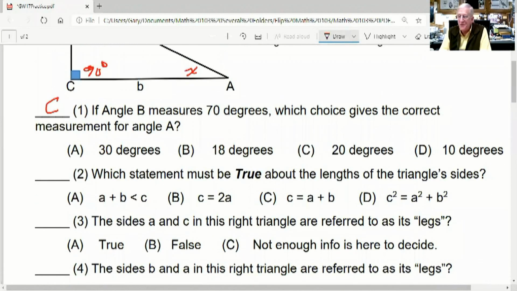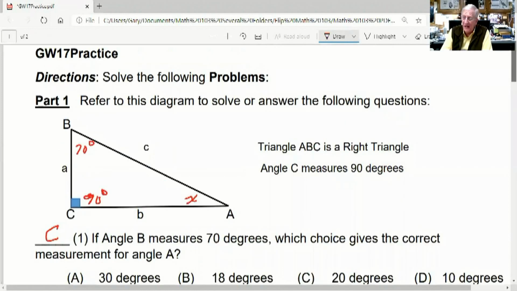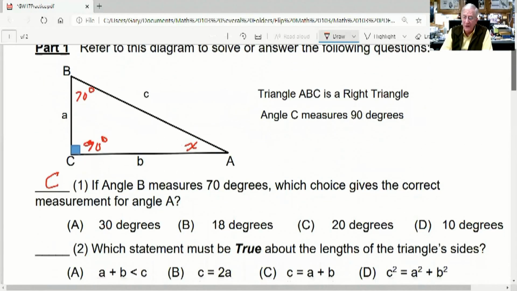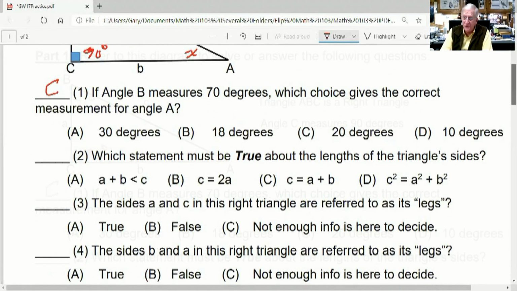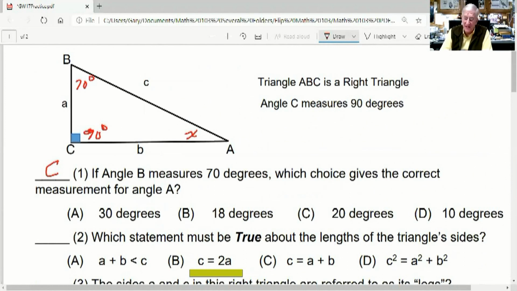Which statement must be true about the lengths of the triangle's sides? Now remember, look at the figure again. This is a right triangle. The hypotenuse is side C, and we have the other two legs called A and B. We want to know which of these statements is true. What's the second choice? Is side C, the hypotenuse, twice the length of side A? I don't think so.